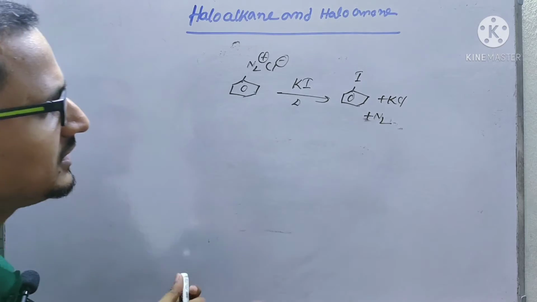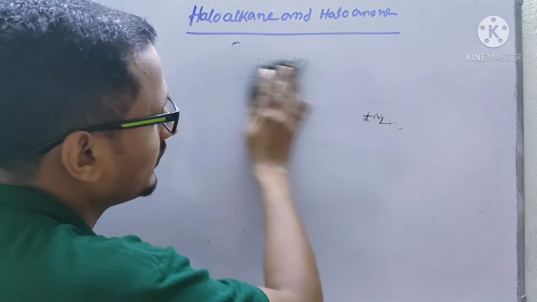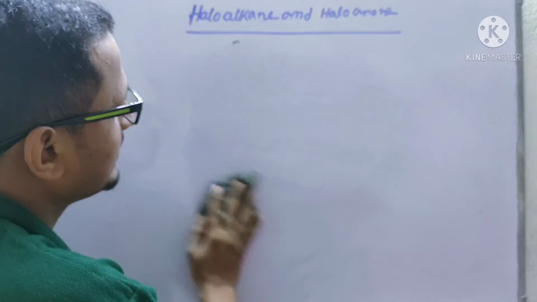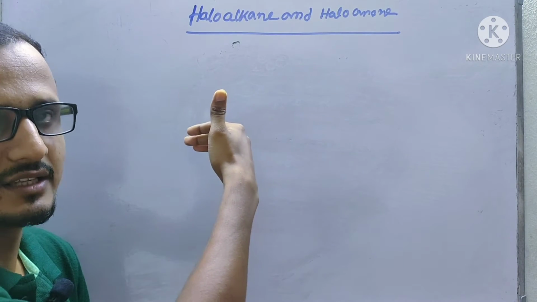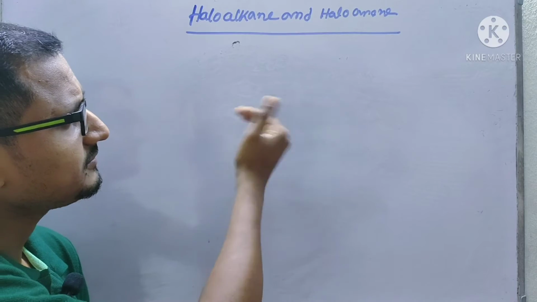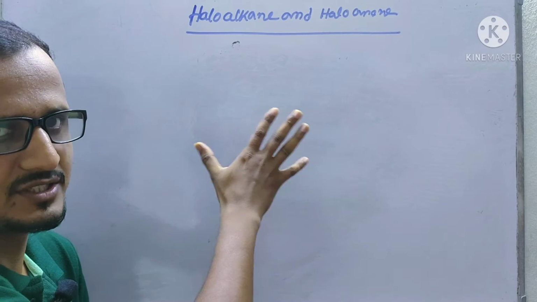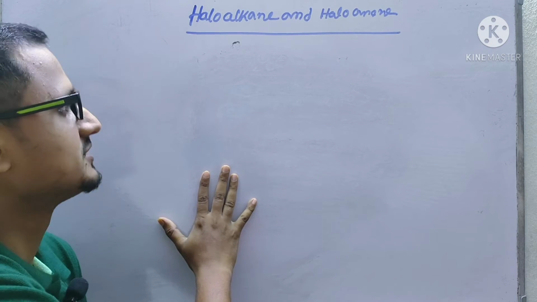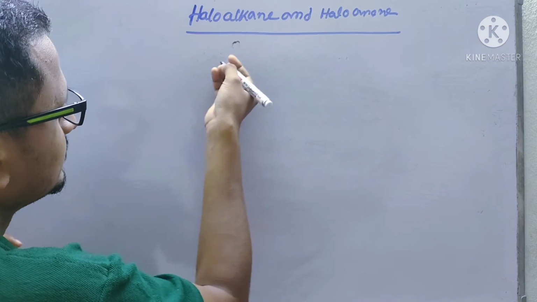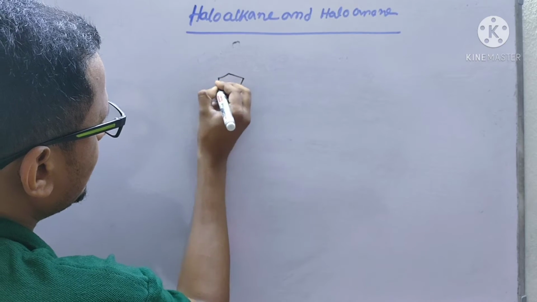Now we will go to the reactions of haloarene. These were the formation, that means preparation of haloarene, but now we'll go to the reactions of haloarene, that means how haloarenes react with other reagents. Now say this is benzene.